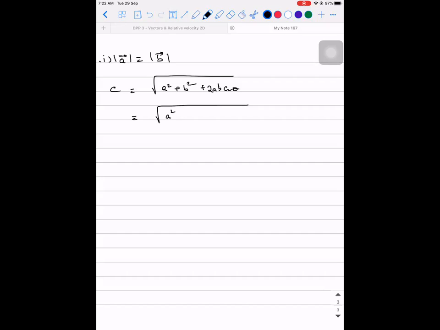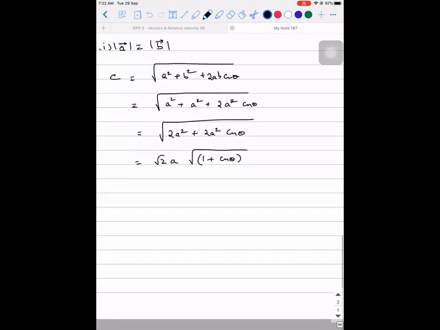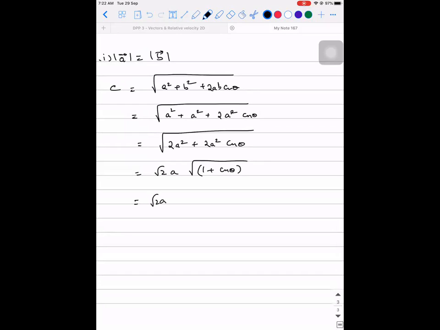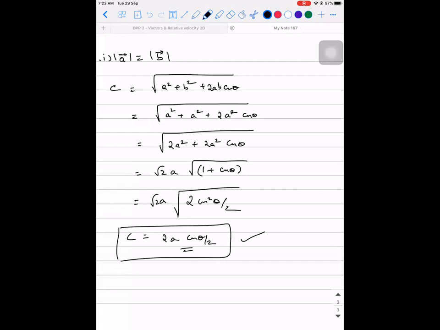A square is a square only. B square is also a square plus 2 times a square cos theta. Accepted? So this will be root of 2a square plus 2a square cos theta. So it will be root 2 times a into root of 1 plus cos theta. Accepted? So what is 1 plus cos theta? 2 cos square theta by 2. So you'll have 2 cos square theta by 2. So root 2 into root 2 is 2, 2a cos theta by 2. So this will be the value of the resultant.